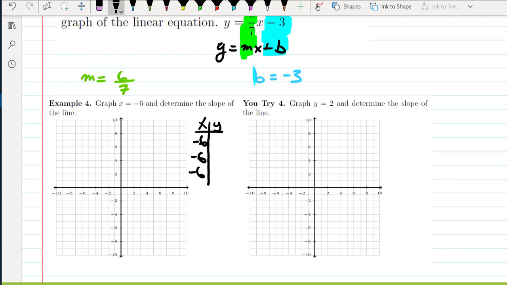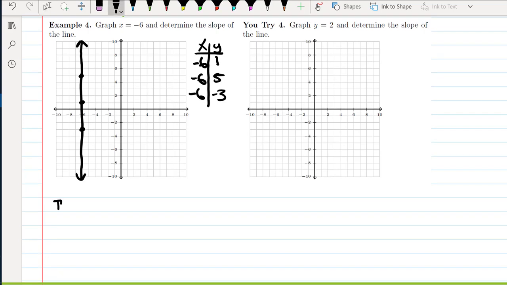I can pick it to be anything. If I pick 1, 5, and -3, as long as I pick x to be -6, the value of y doesn't matter in making that equation true. So if I plot these points, I go to -6 and 1, -6 and 5, and -6 and -3. And then if I connect them, I get something that looks like this.